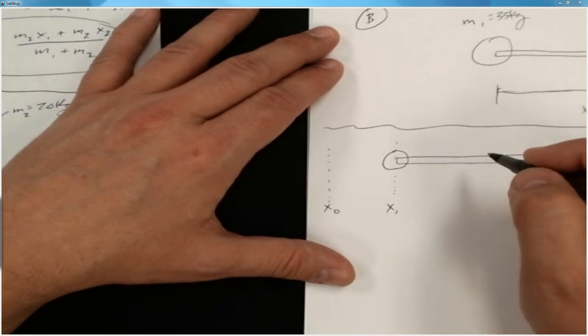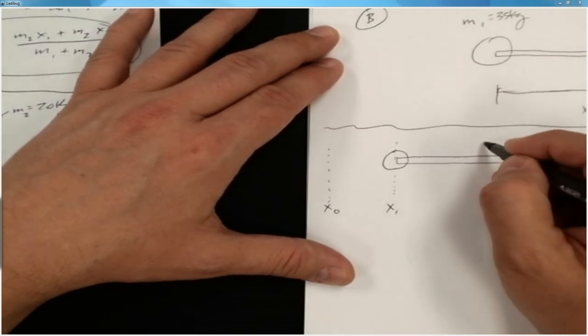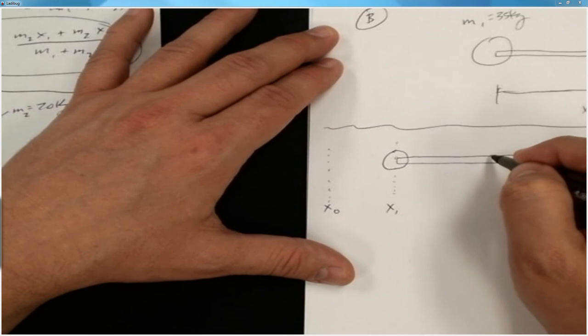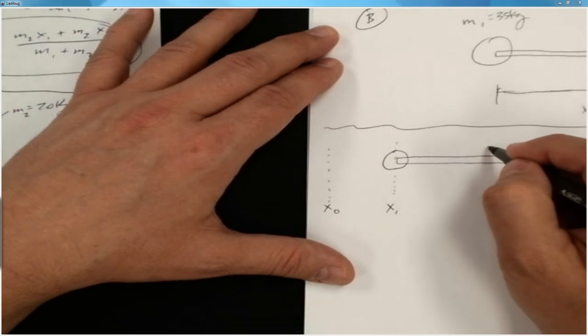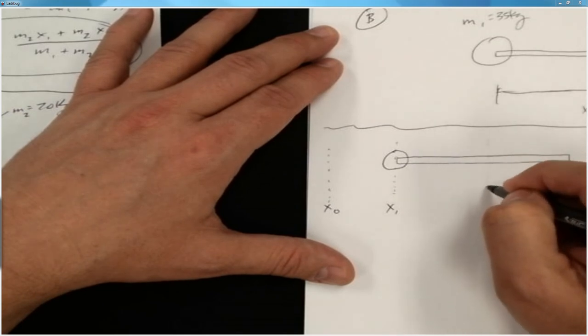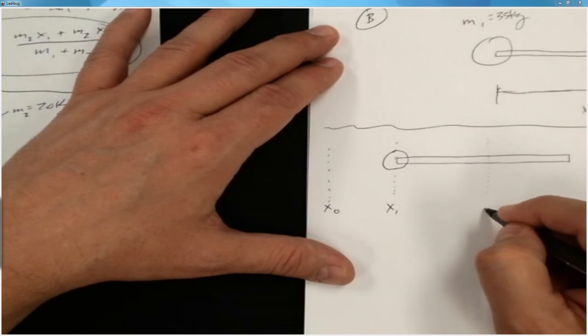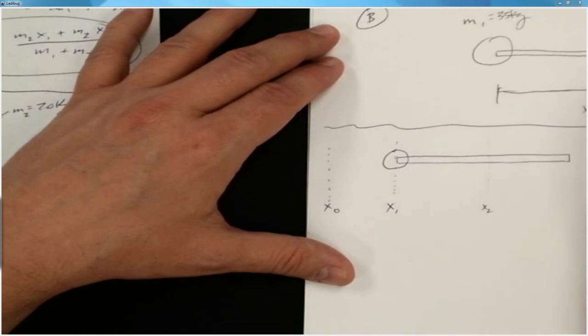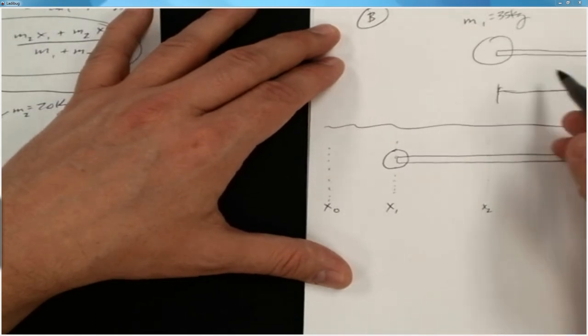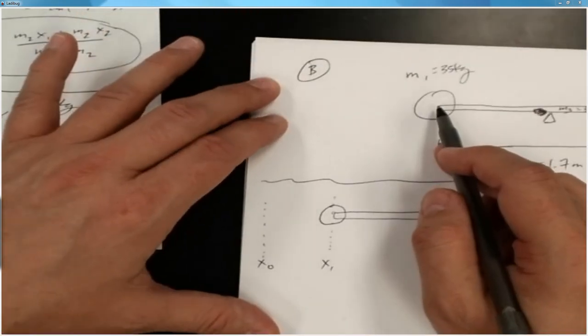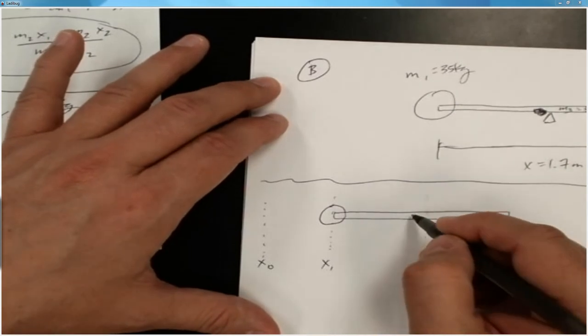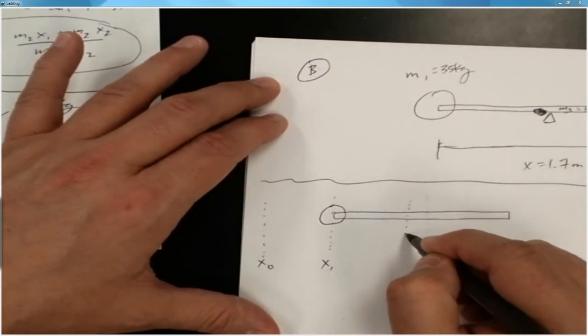So I guess we'll call that x2. It should be right in the center of the bar if the bar is of uniform density. So this would be x sub 2. And then the pivot, it's more massive on this side, so I assume that the pivot would be somewhere over here. So x sub cm would be like over here.